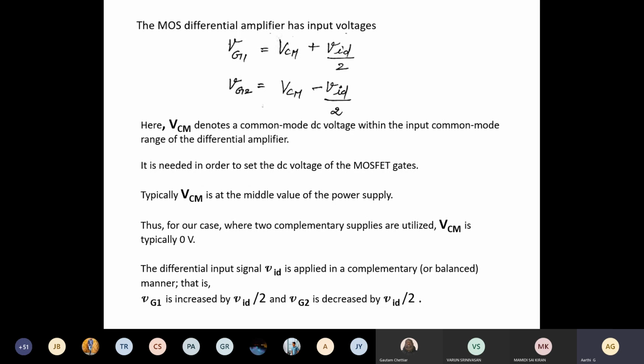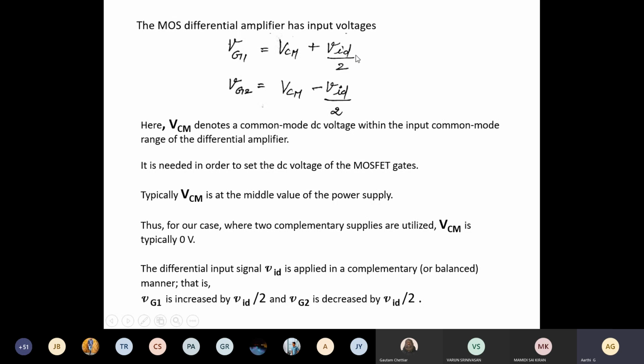In the large signal operation, we were concerned about the input signal VID by 2, that is, what should be the range of the input signal given to the transistor. Finally we came to the conclusion that this signal should be small, that is, lesser than the overdrive voltage for the linear operation of the transistor. That is the conclusion arrived at in the previous large signal operation.